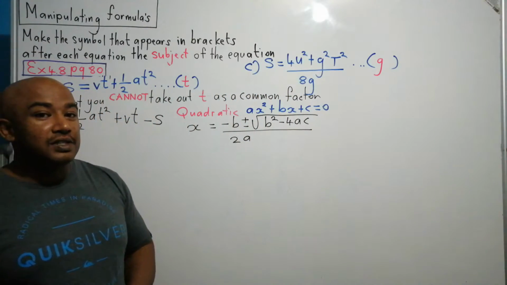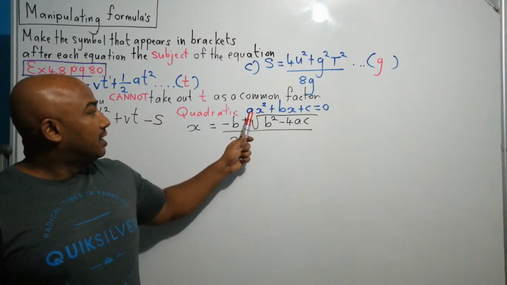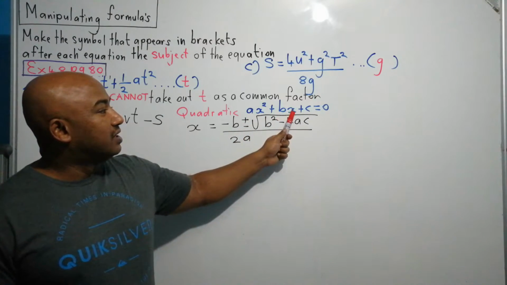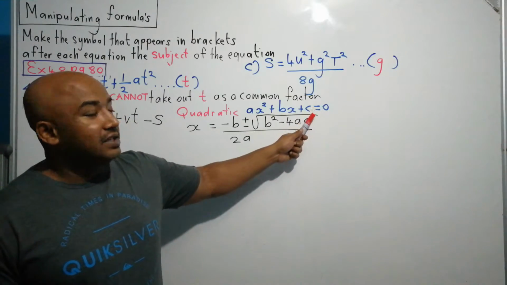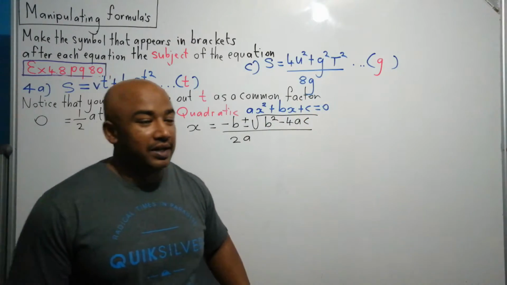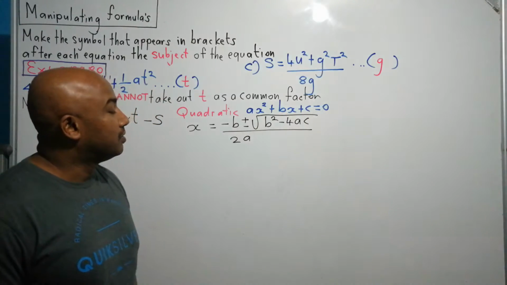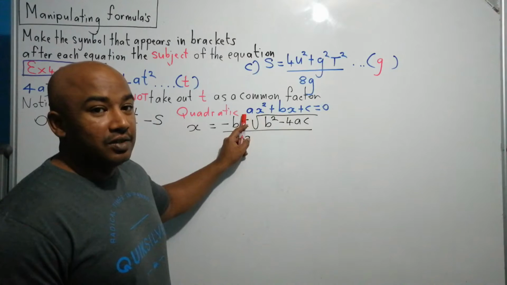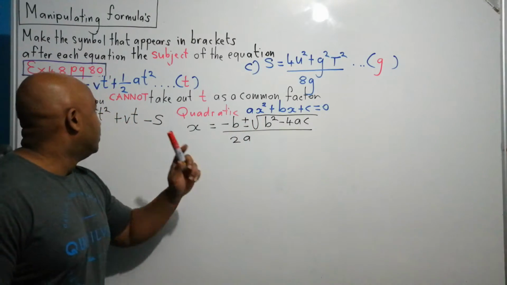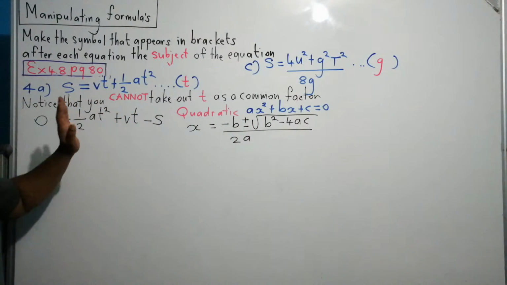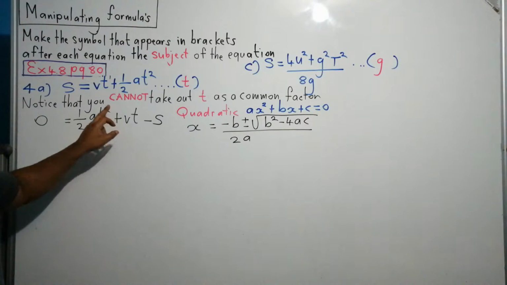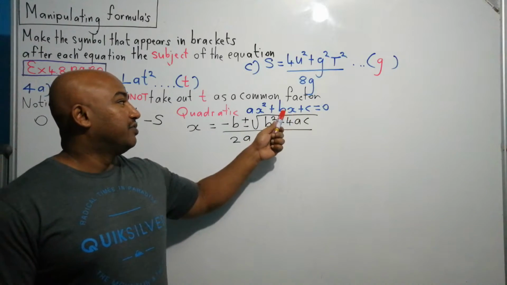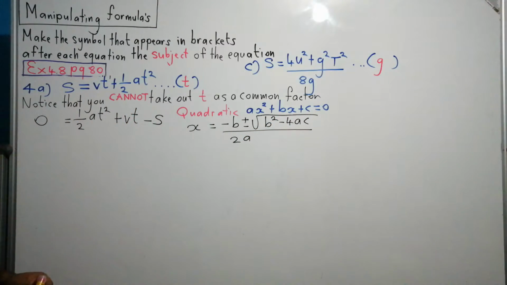Remember, when we are using the quadratic formula, a is the coefficient of x squared, b is the coefficient of x, and c is your constant. There is no x multiplied by it, or in other words, it's x to the power 0. So here we are looking for the coefficient of t squared, and for b the coefficient of t.